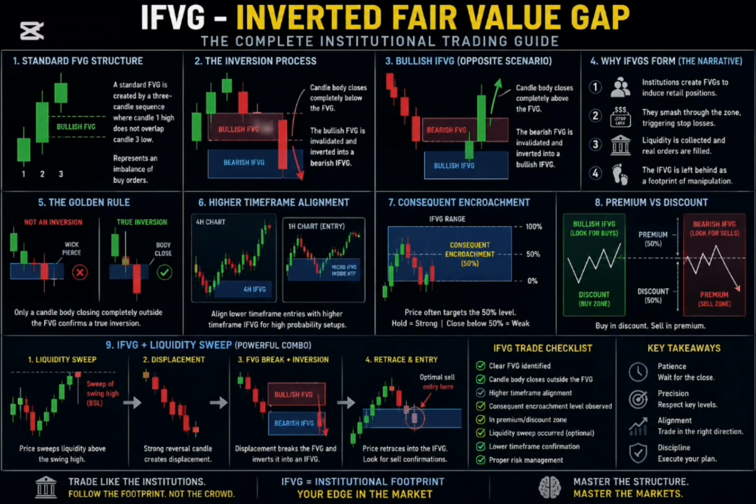The exact same price zone that was supposed to act as a floor now becomes a ceiling. The institutional order flow has flipped entirely from net long to net short in an instant. Now when price retraces back up into that exact same zone, you look for shorts.